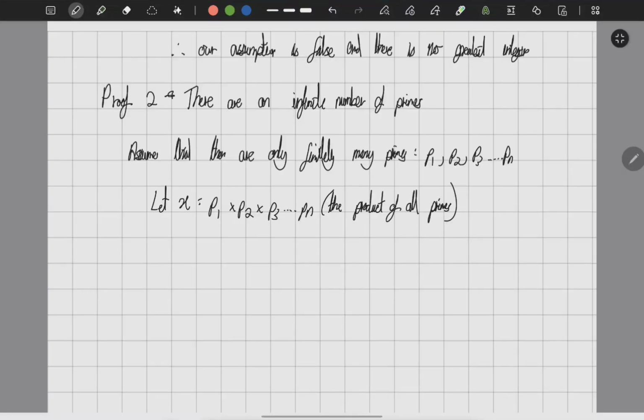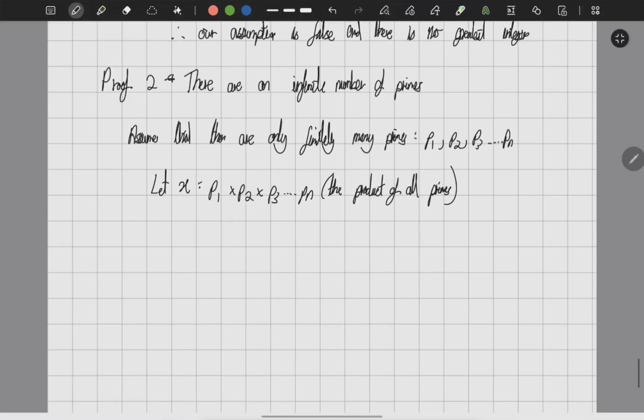If this is the product of all primes, this means there are no more primes we can possibly have. Now I'm going to introduce another number, y. I'm going to let y equal x plus 1.